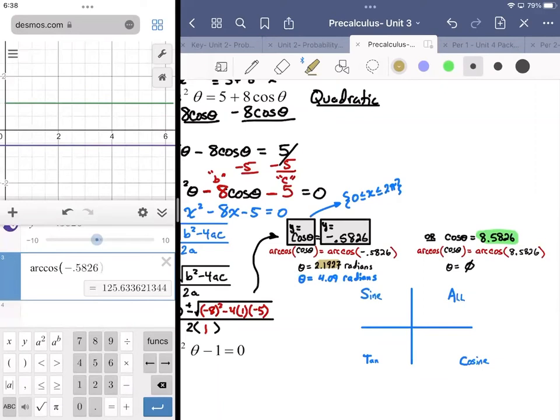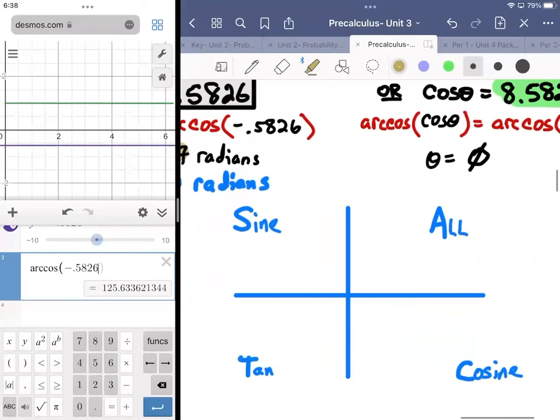So I'm just going to go with about 125.6 degrees. All right. So if I'm plotting that, that's going to put me about right here. Draw it straightish. So this is approximately 125.6 degrees.